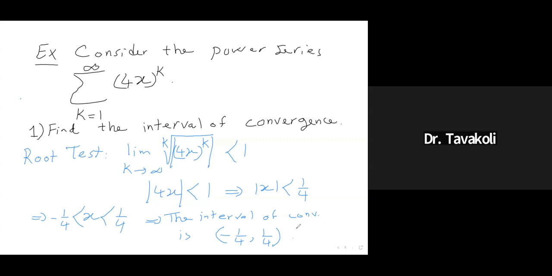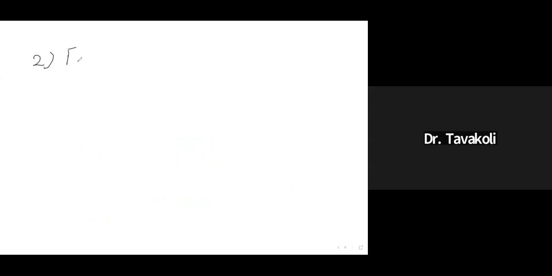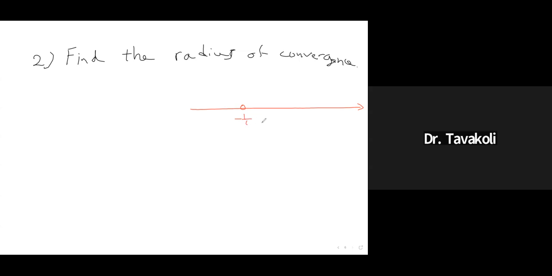What is the radius of convergence? As I explained in the previous example, here the interval of convergence is this interval, all the x's more than minus 1/4 and less than 1/4.